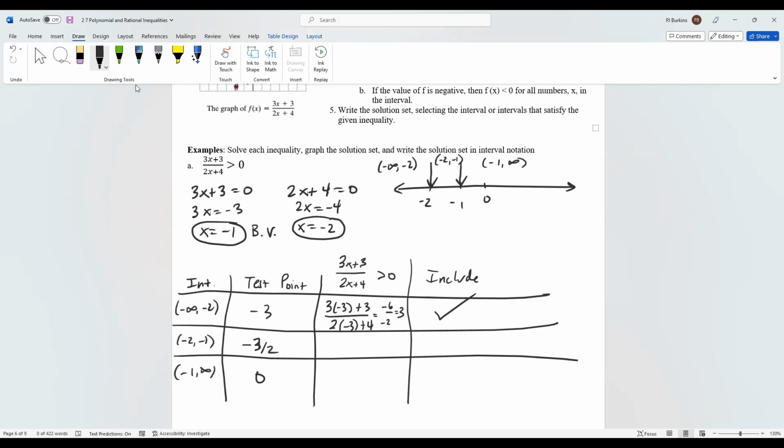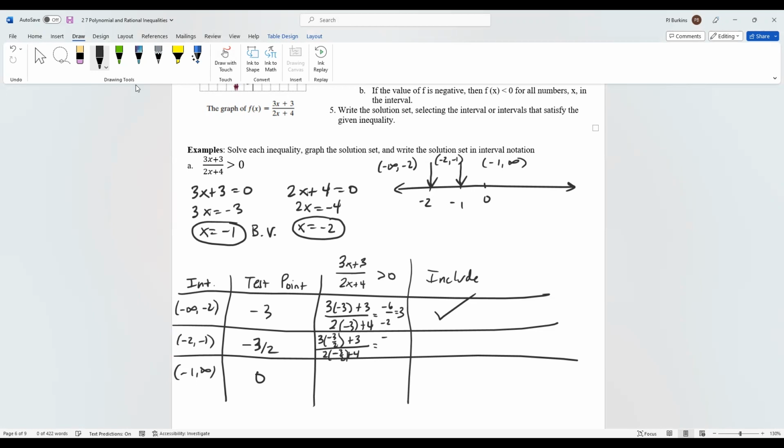All right, plug in -3 halves. So 3 times -3 halves plus 3 over 2 times -3 halves plus 4. All right, this is going to be -9 halves plus 6 halves.